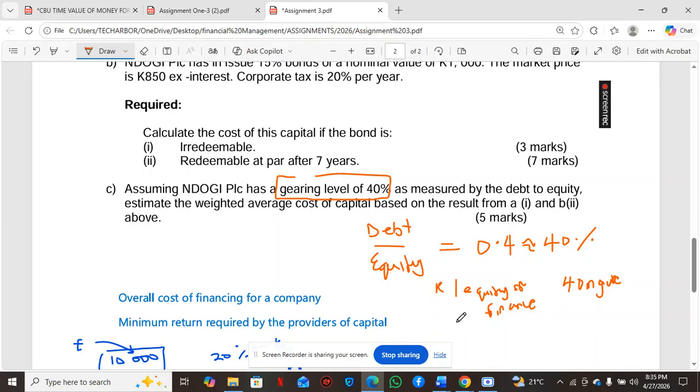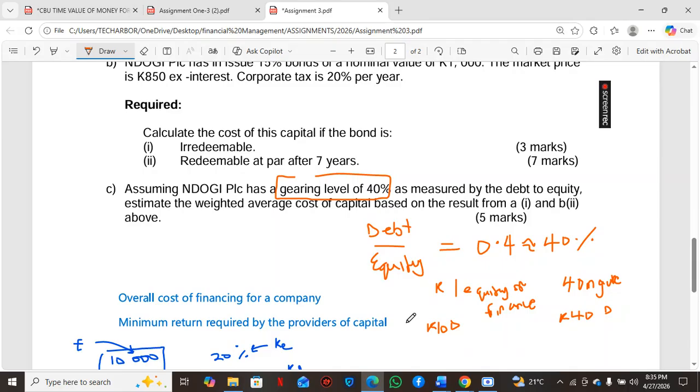Or for every 100 kwacha of equity financing, 40% of 100 kwacha, there is 40 kwacha of debt financing. You can use any multiples. For every 1,000 kwacha of equity financing, 40% of 1,000 kwacha, that's 400 kwacha of debt financing.